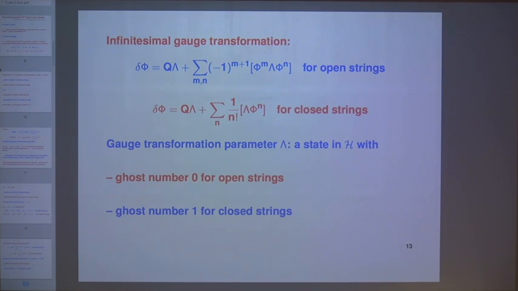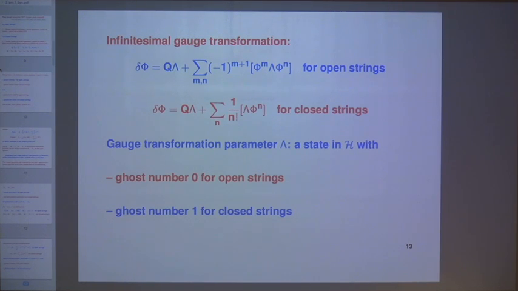So what one can show is that the string field theory action that we construct this way is invariant under infinitesimal gauge transformation, and the gauge transformation for open strings and closed strings take this form. Here lambda is the infinitesimal gauge transformation parameter, which itself is a state in H with ghost number 0 for open strings and ghost number 1 for closed strings. And again, by decomposing lambda in a particular basis of H, we see that there are an infinite number of parameters hidden inside lambda.